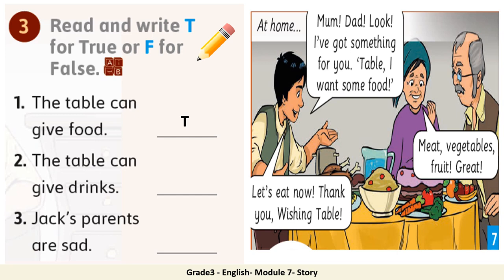The answer for question number 2 is great, true, because Jack asked the table for tea and coffee and it gave him. And the answer for question number 3 is great, it's false, because at the end of the story, Jack's parents were happy.